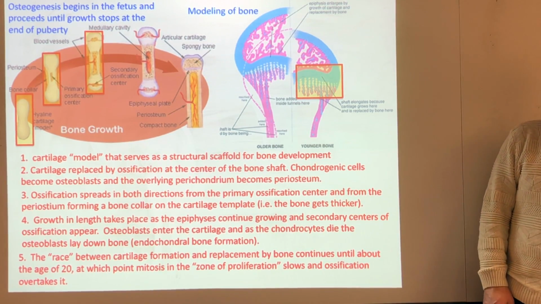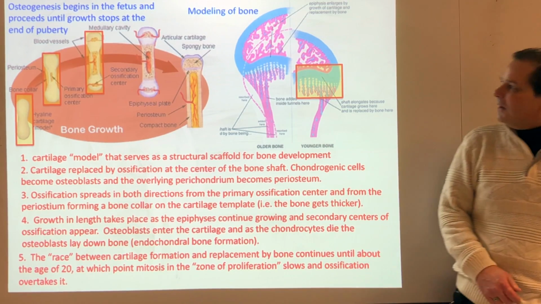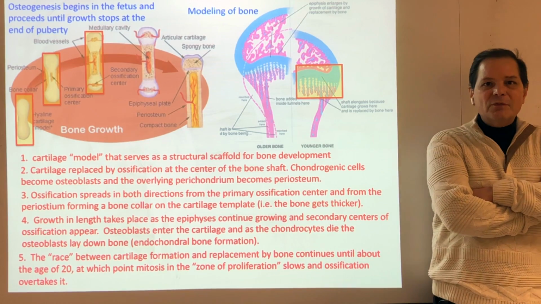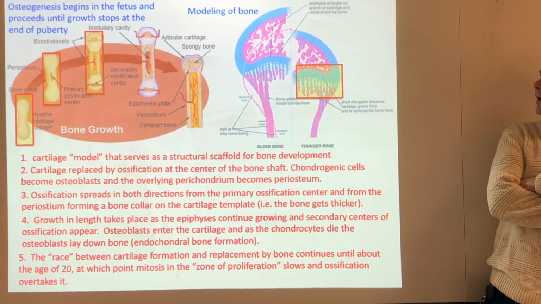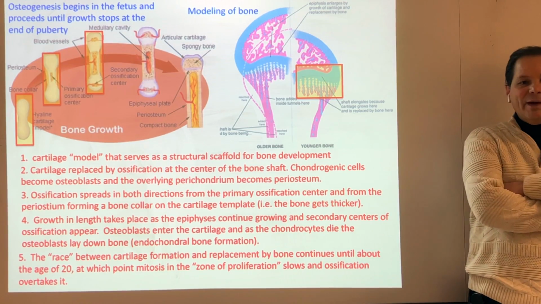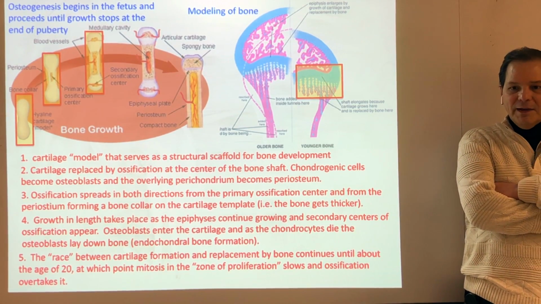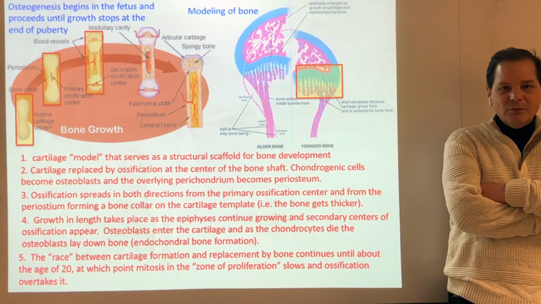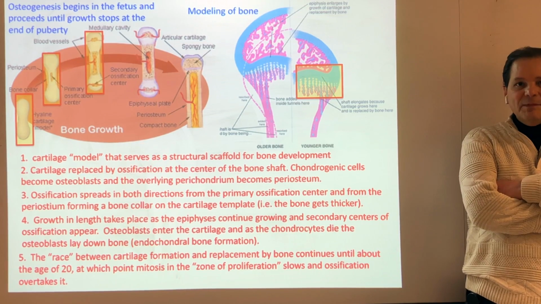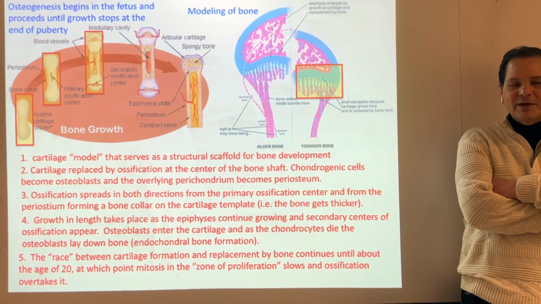All right. Finally, once again, I want to emphasize that we do have modeling of bone going on during this period as well. And of course, during your whole life, as you put stress on bone, you can stimulate formation of bone in certain areas.